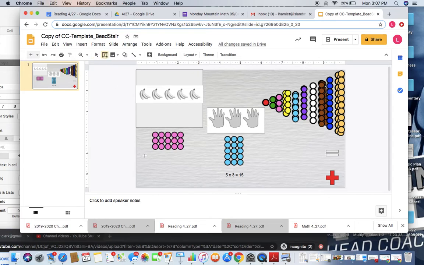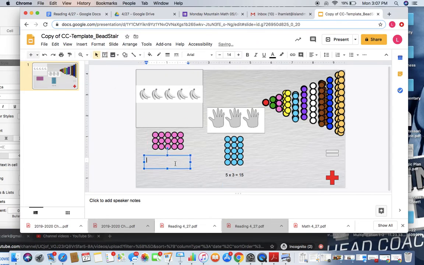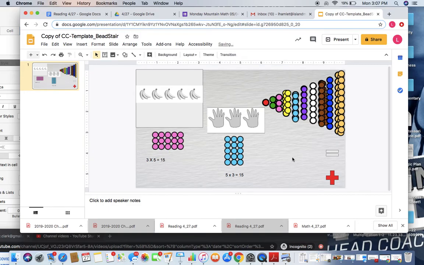We took the number 3, or the numeral 3, 5 times. And figured out in our skip counting that it was 3, 6, 9, 12, 15. So we actually know the product to be the same. Our product is 15. But how we grouped them was different.